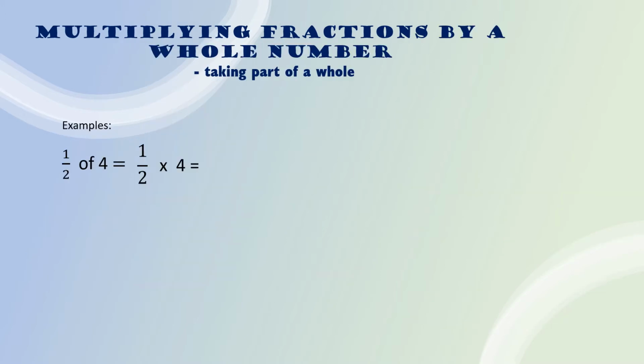When we multiply fractions by a whole number, it's like taking part of a whole. For example, what is 1/2 of 4? The word "of" means times, so we know that half of 4 is 2, right? It's like we take 2 out of 4.